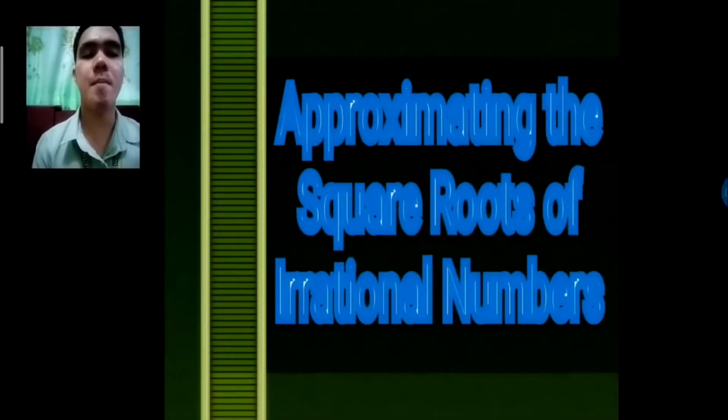So now, we will talk about approximating the square roots of irrational numbers. Instead of having the exact value, since it is not a perfect square, all we have to do is approximate the square root of that number.